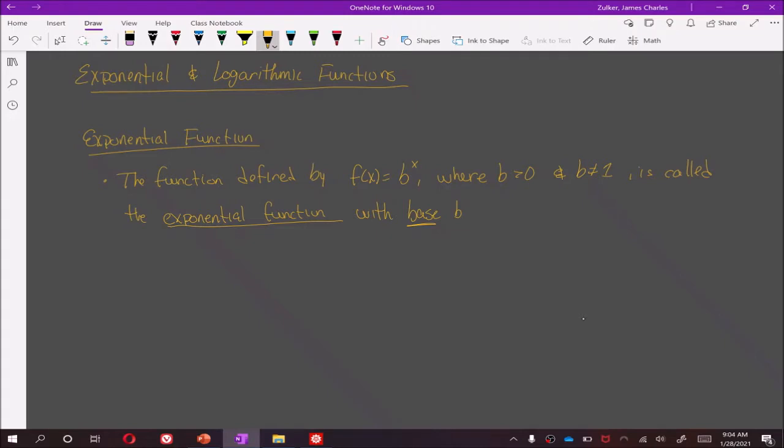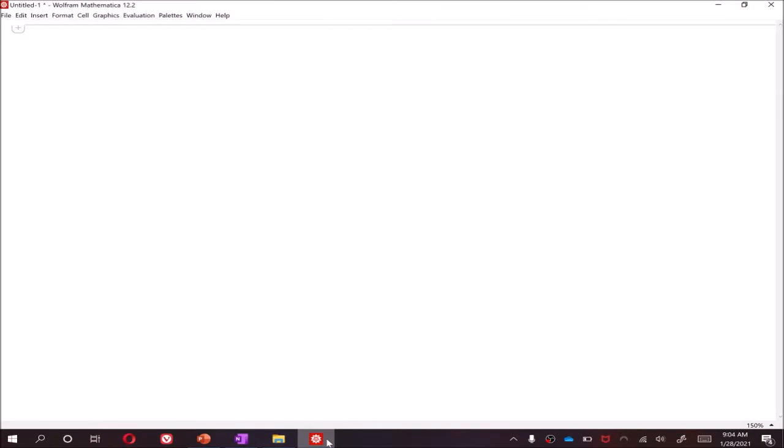So let's take a look at the graph of the exponential function. We come over to Mathematica, Manipulate, Plot b to the x. Let's take x to go from minus 10 to 10.